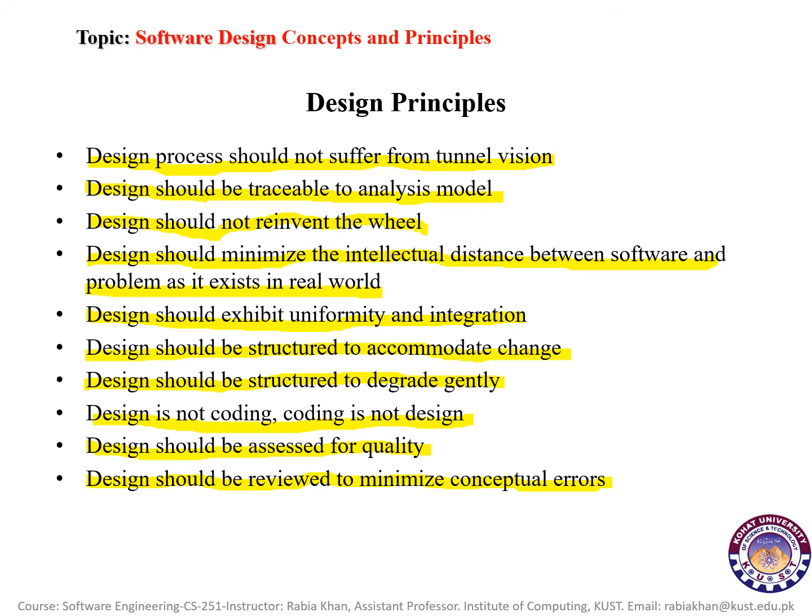External quality factors are those properties of the software that can be readily observed by the user, for example, speed, reliability, correctness, usability, etc. While the internal quality factors are of importance to software engineers, they lead to a high quality design from the technical perspective.